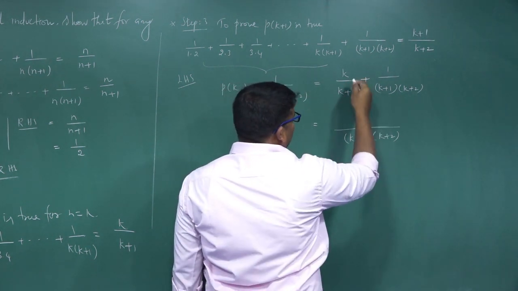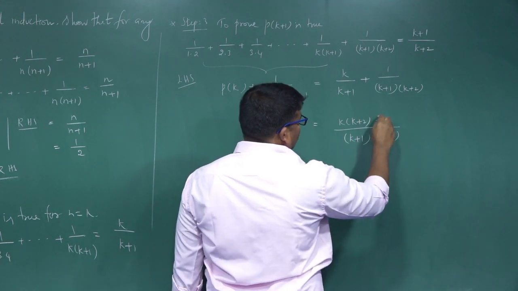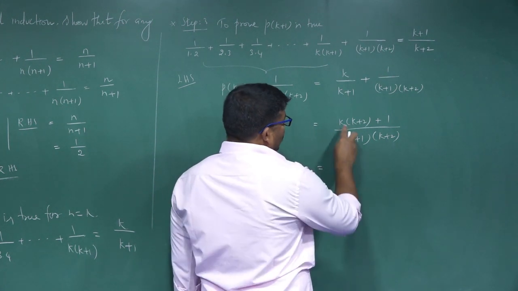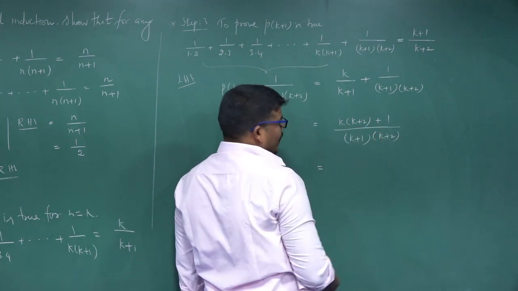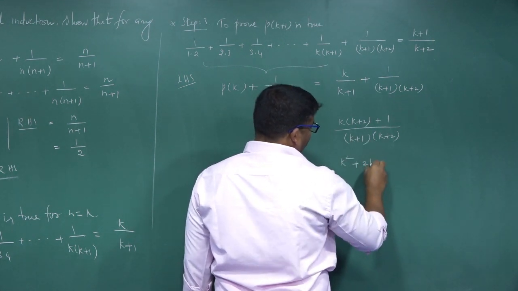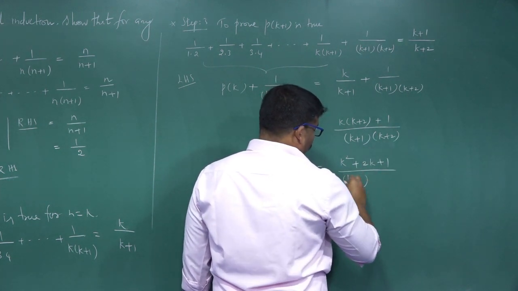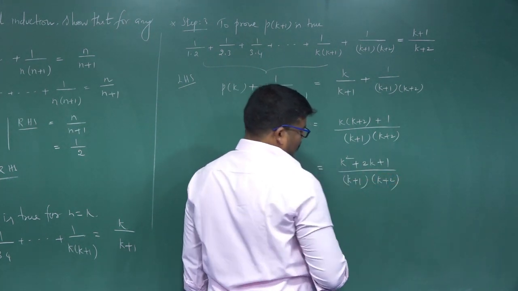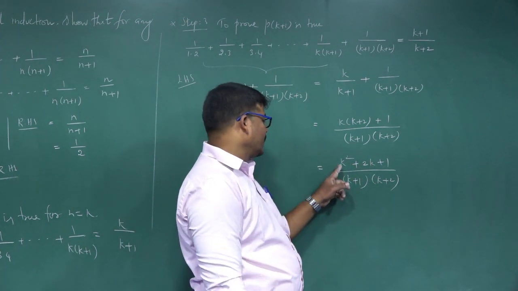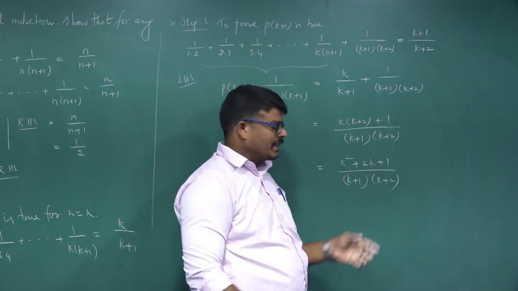Now cross multiply: k into k plus 2 plus 1, divided by k plus 1 into k plus 2. That is k into k plus 2 plus 1, which is k squared plus 2k plus 1, divided by k plus 1 into k plus 2. Here k squared plus 2k plus 1 is of the form a squared plus b squared plus 2ab, which is the expansion of a plus b whole squared.